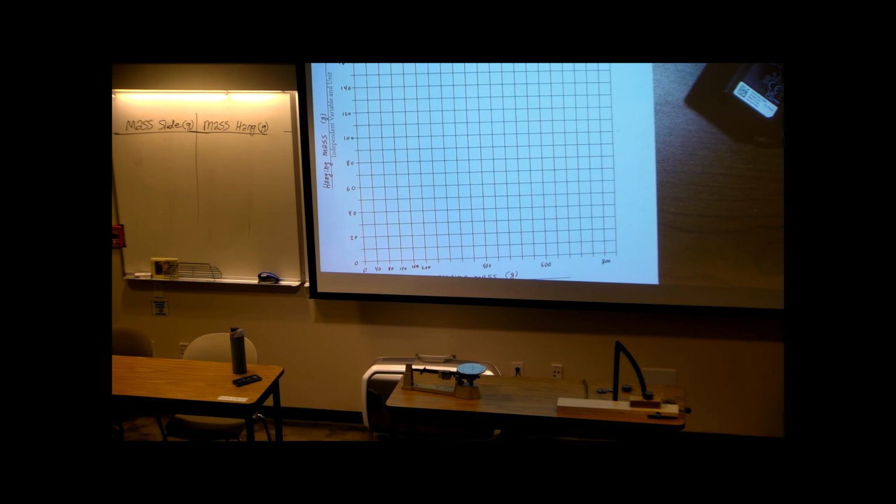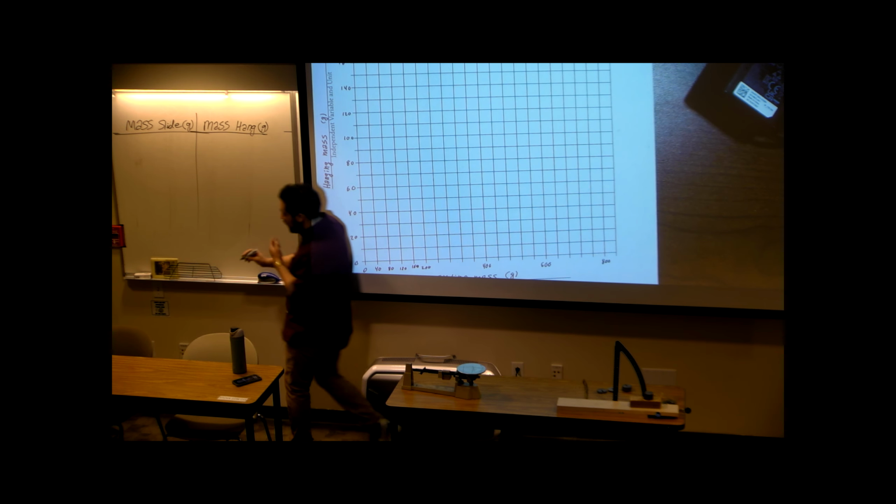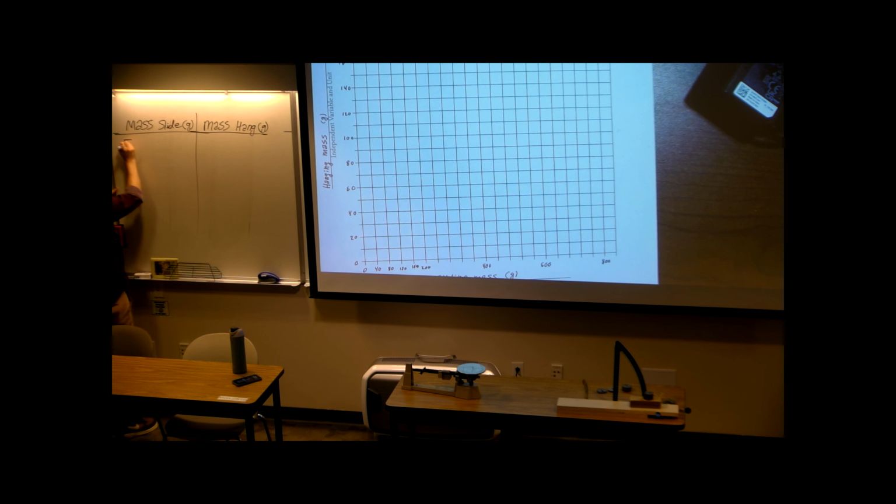How much mass is total? 550, yeah? So we have 550 grams of mass on the block. So we'll use that as one of our data points, 550 grams on the block.